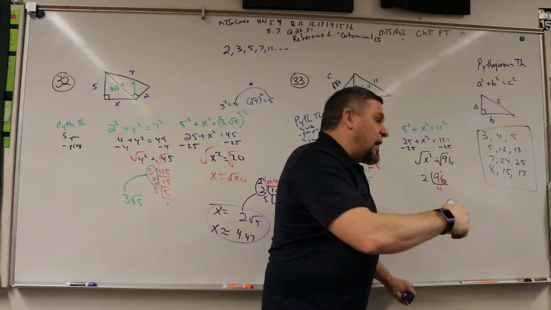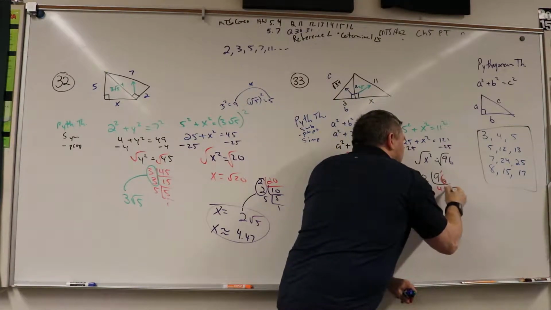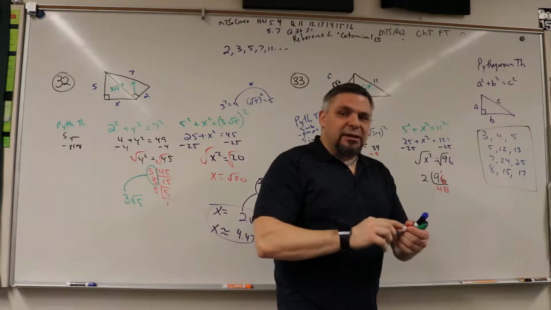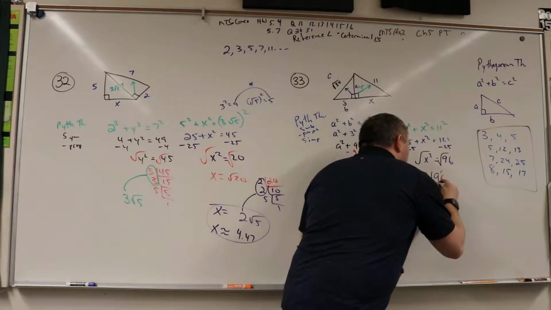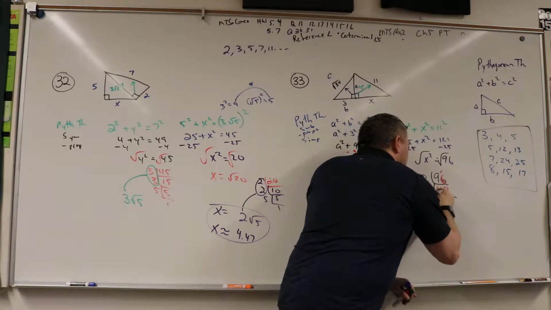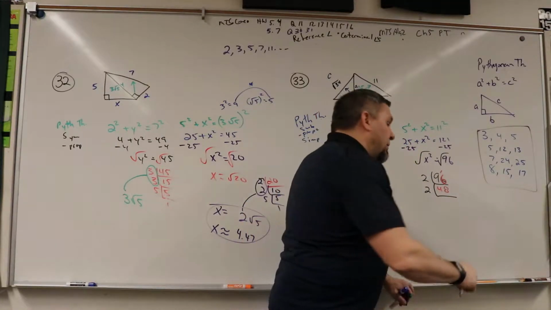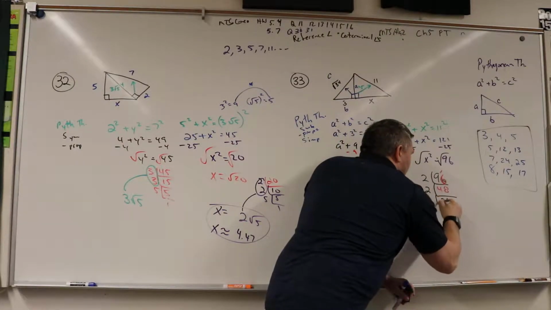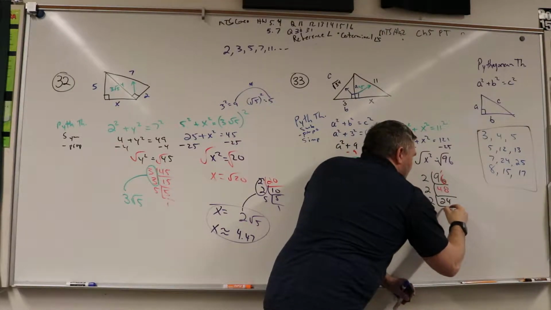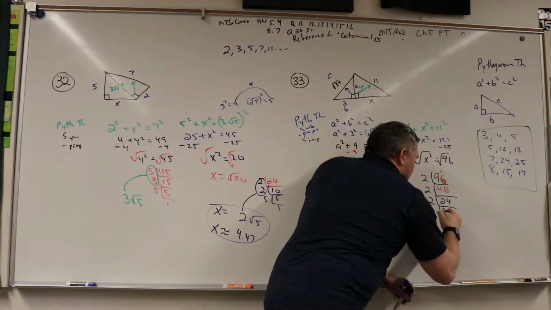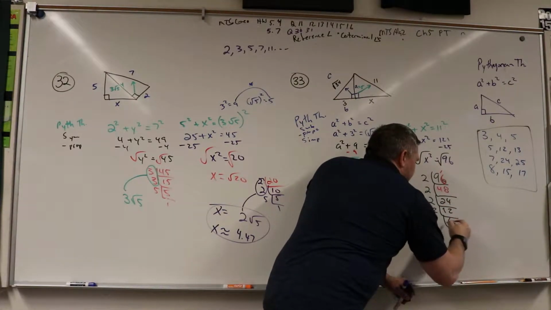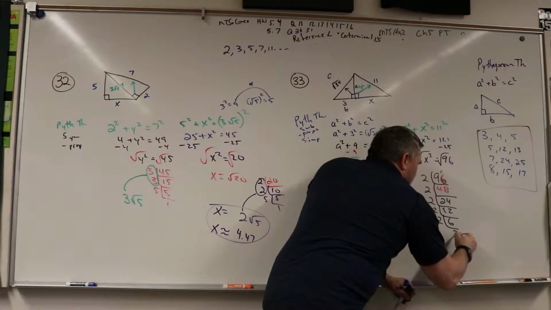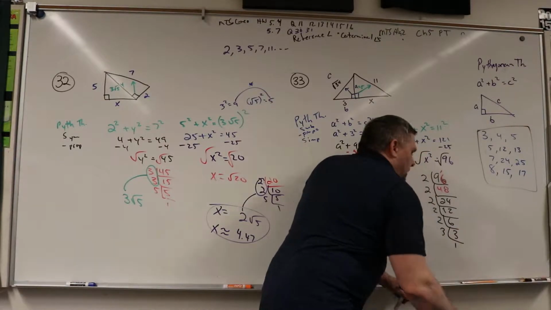So how many times is 2 going into 16? 8 times. Well then, what goes into 48? 2. How many times? 2 and 4. How many times is 2 going into 24? 12. How many times is 2 going into 12? 6. How many times is 2 going into 6? 3. How many times is 3 going into 1?